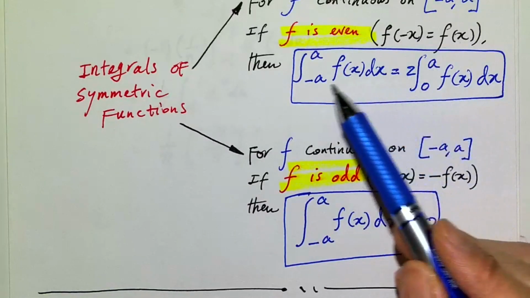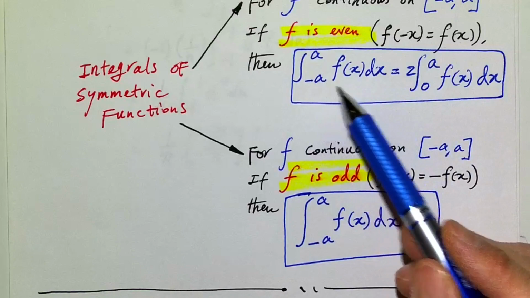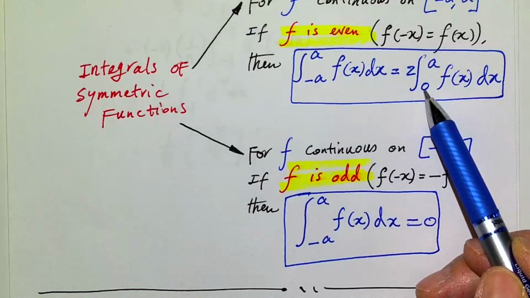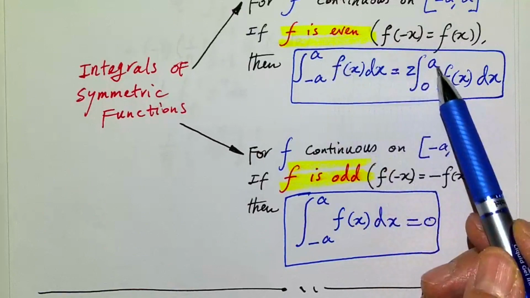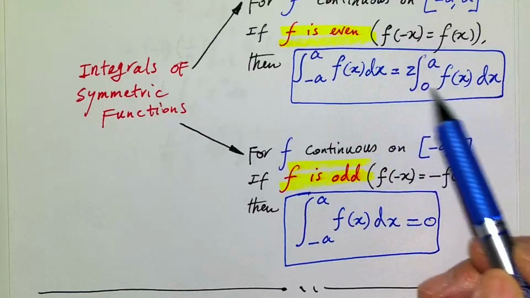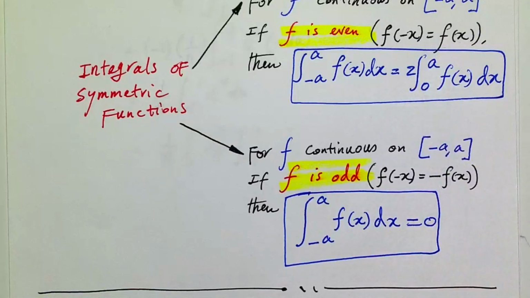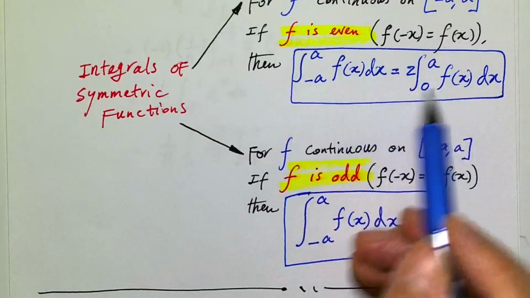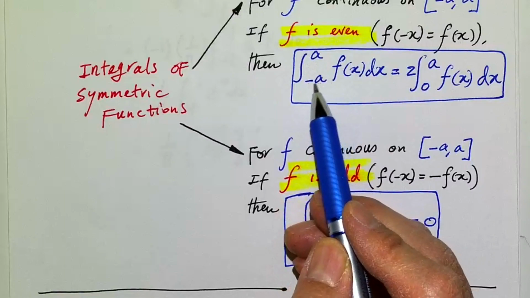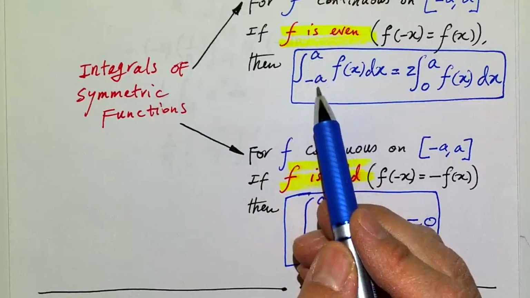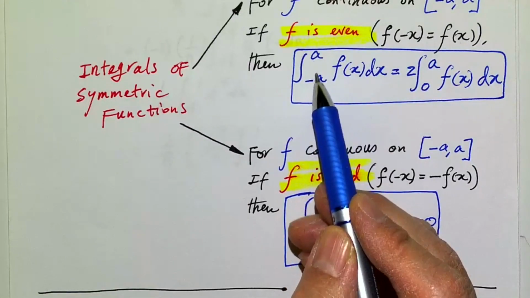In other words, we can switch from the negative lower limit to 0 and keep the upper limit as it is, but multiply that integral by 2. This is the same because the lower and upper limits are the same distance from 0. That's why we can do that.